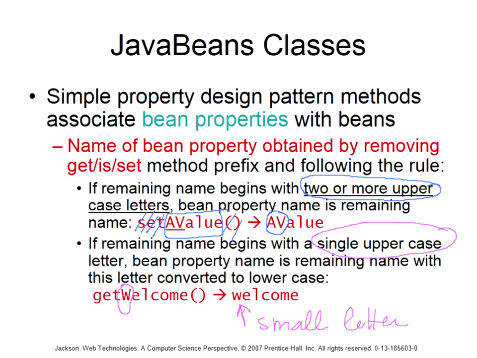But if the remaining name begins with only a single uppercase letter, in this case the property will be with this letter converted to lowercase. Any questions about this slide? Is it clear?